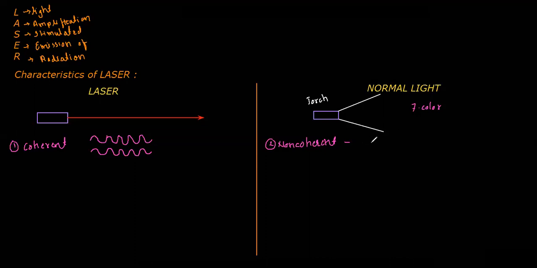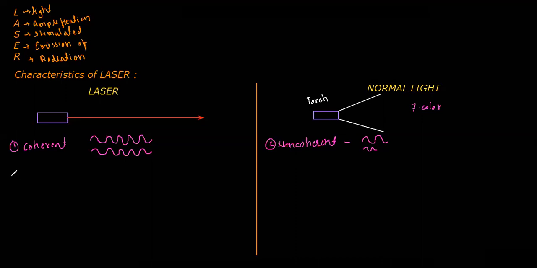So red, yellow, green, orange, blue, all will have a different wavelength. Their phase difference will also be different, like this. For example, this is for red, and for different colors it will not be the same. So that is what we mean by a coherent source.